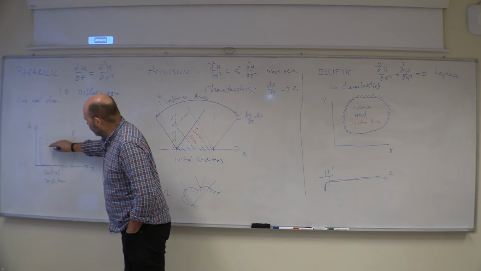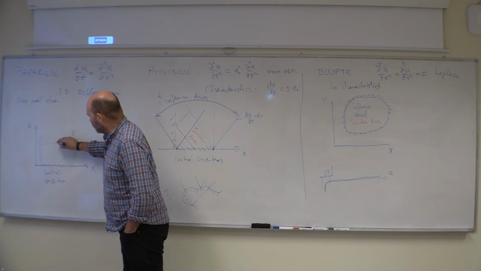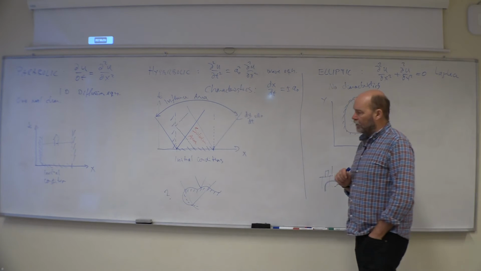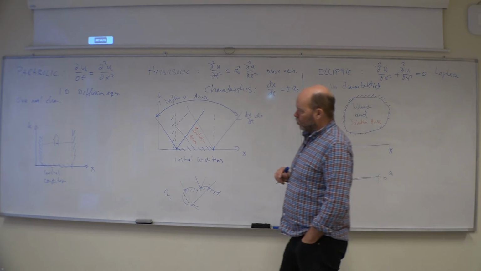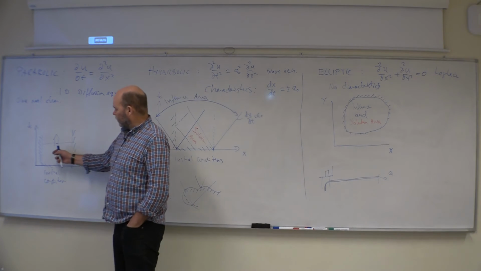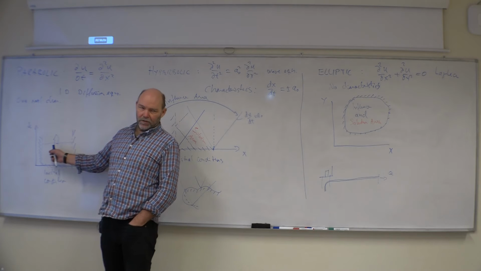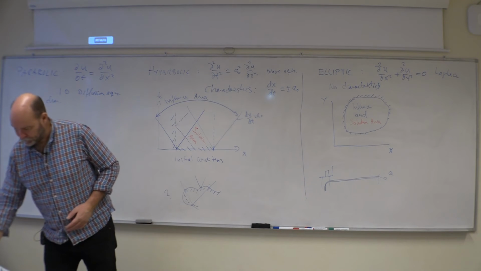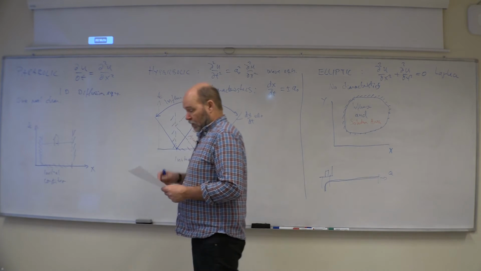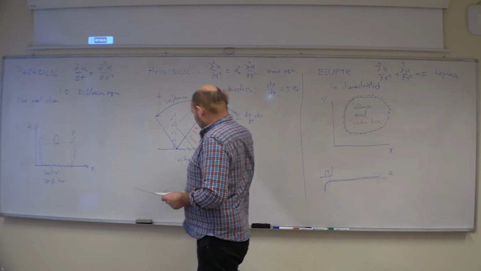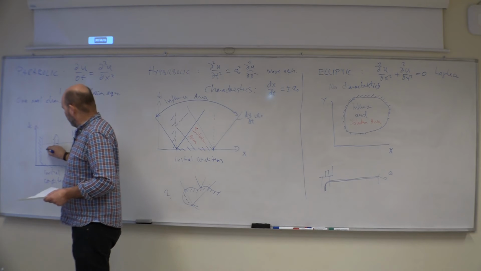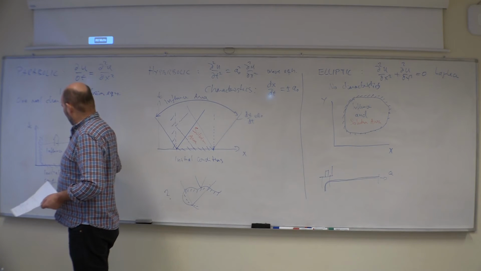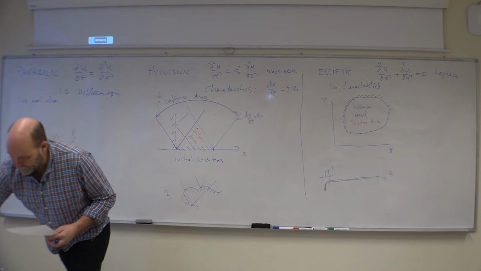And if you know the solution here, then you can march your solution forward in time. So you will always be dependent on the previous history of your problem. So again, the influence and solution area is identical.